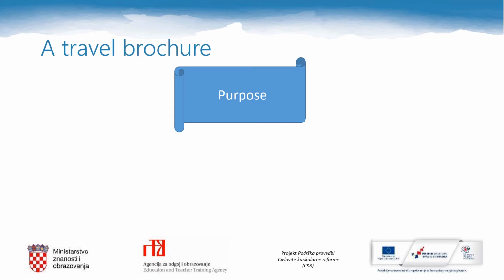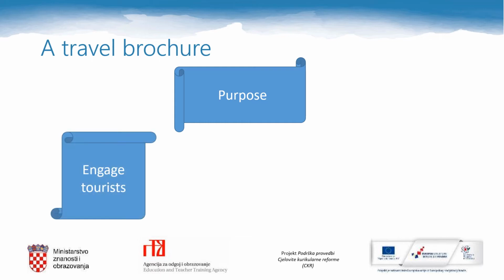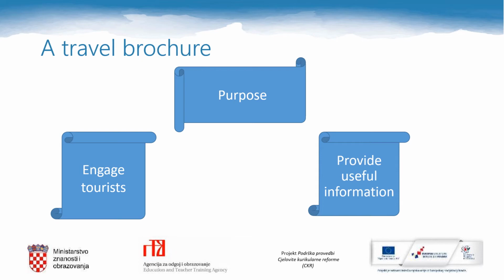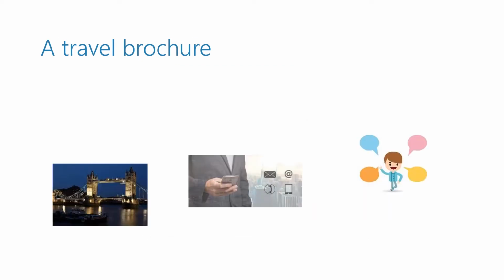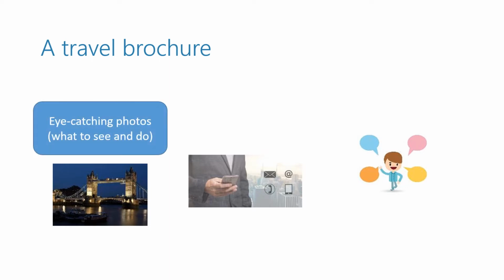Next, we will explore a travel brochure. What is the purpose of a travel brochure? There are two. One is to engage tourists, and the other is to provide useful information. A travel brochure usually has eye-catching photos of what to see and do there.